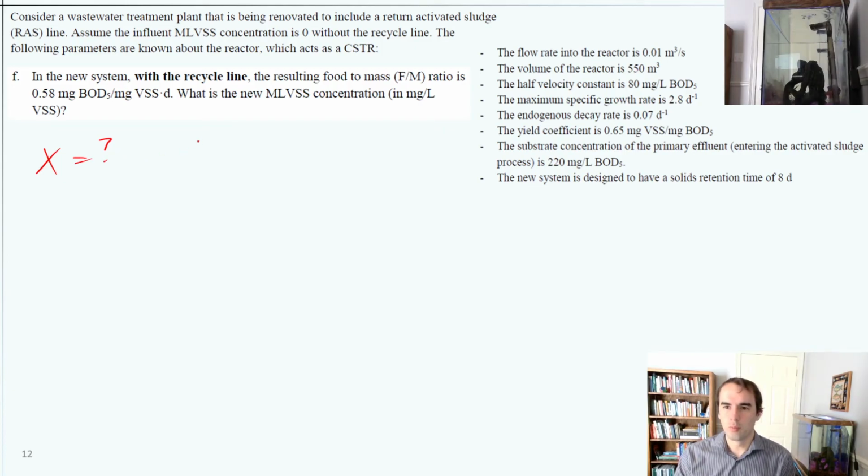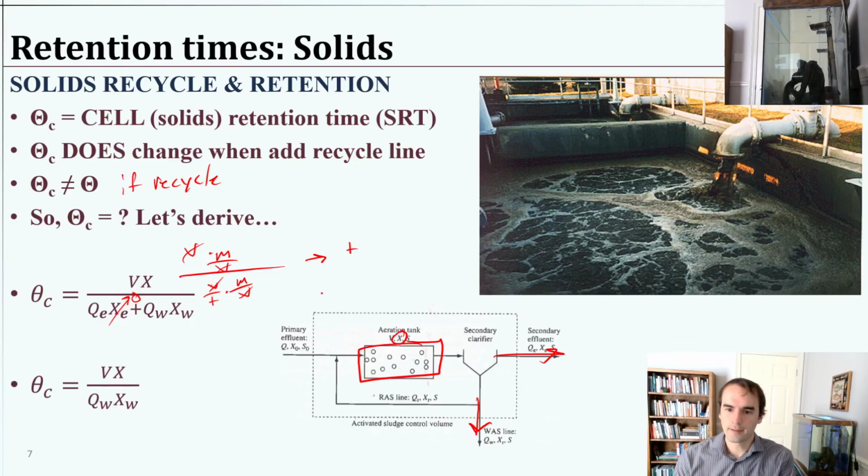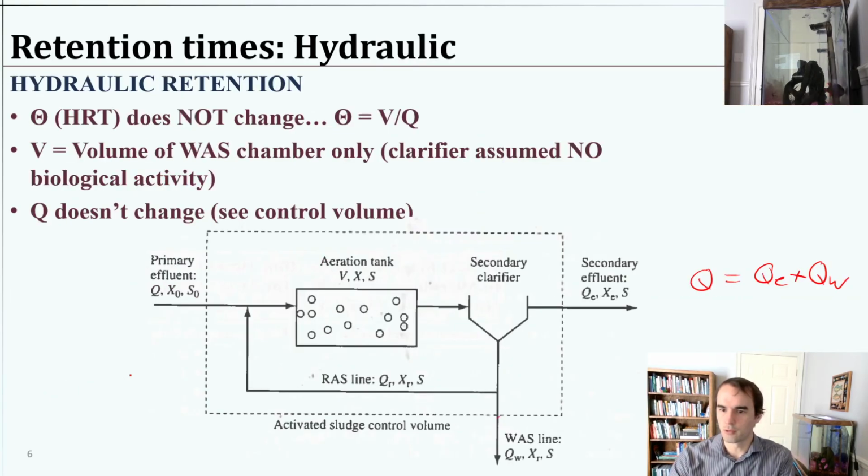Now, remember that our food to mass ratio, this was going to be, was it QX, VX, right? VX divided by QW, XW. Let me just double check that we've got that right. VX divided by QW, oh no, that's solids retention time, I'm sorry.